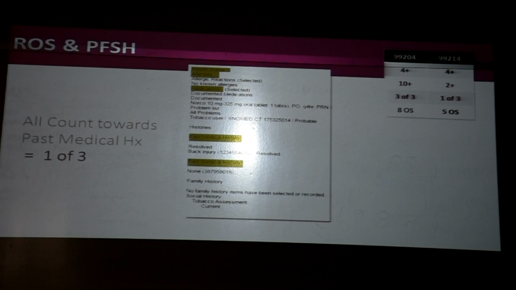So a few times, and again, if we're looking for the 3 of 3, we need the family history and social history. So just be aware that if you've got your health status, your allergies, your past medical, and your surgical history, all counts as just the past medical portion of your PFSH. Any questions there?